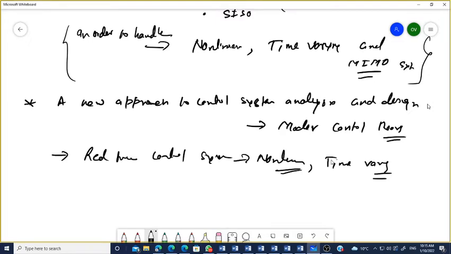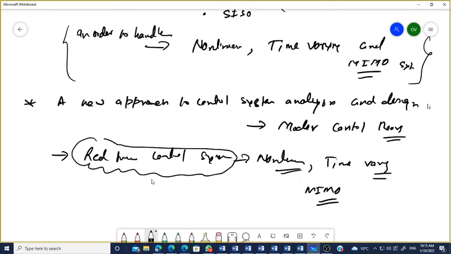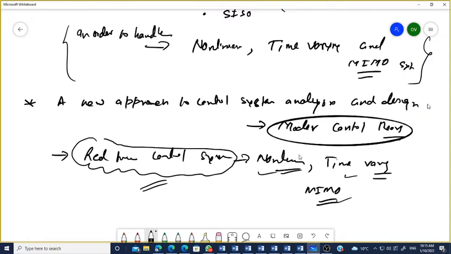Many of the inputs depend on the output, and many outputs may be there, so a MIMO system is there. So in order to find the solution of real-time complexities, the non-linearity, time variance, or MIMO, such modern control theory can be used to handle such complexities, right?